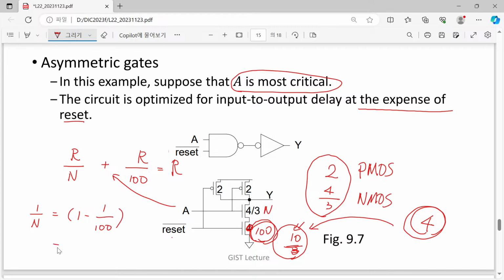This is quite close to 1, so 99 over 100. So the answer will be n equal to 100 divided by 99. This is quite close to 1.